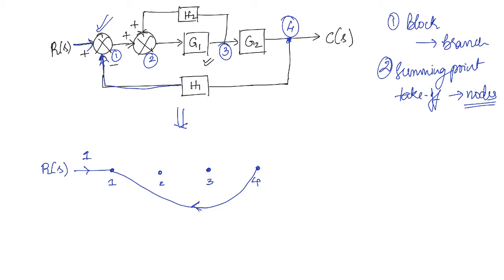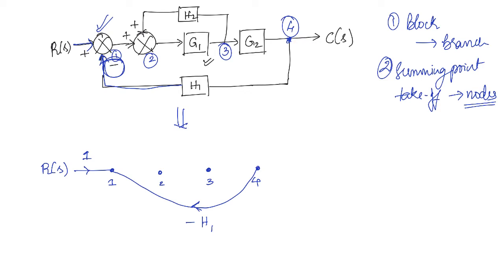So the direction of the branch is also very important. Now what is the gain of this branch? It will be minus H1. Why minus? Because the feedback here is minus. So you have to consider the sign in which it is being added also. That is also important.